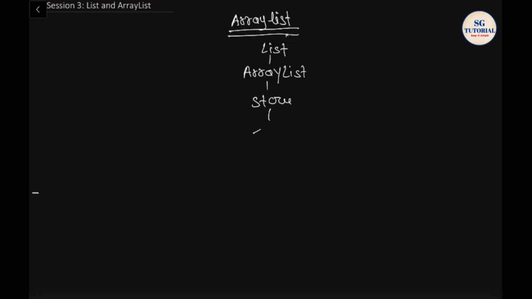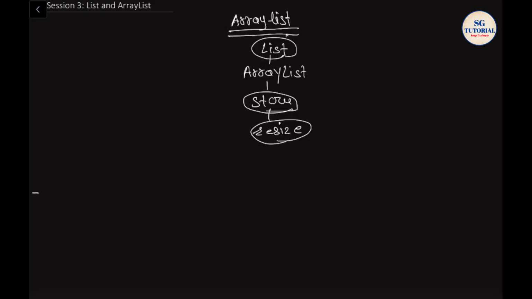It means it resizes automatically as we add or remove elements. And you will understand ArrayList even better when I explain the internal working of ArrayList, how it automatically resizes itself internally when needed. And I will cover the internal working of ArrayList in the next video. Okay, so for now simply keep in mind ArrayList is an implementation class of list interface that stores multiple elements in a list and its size can grow or shrink automatically as we add or remove elements.